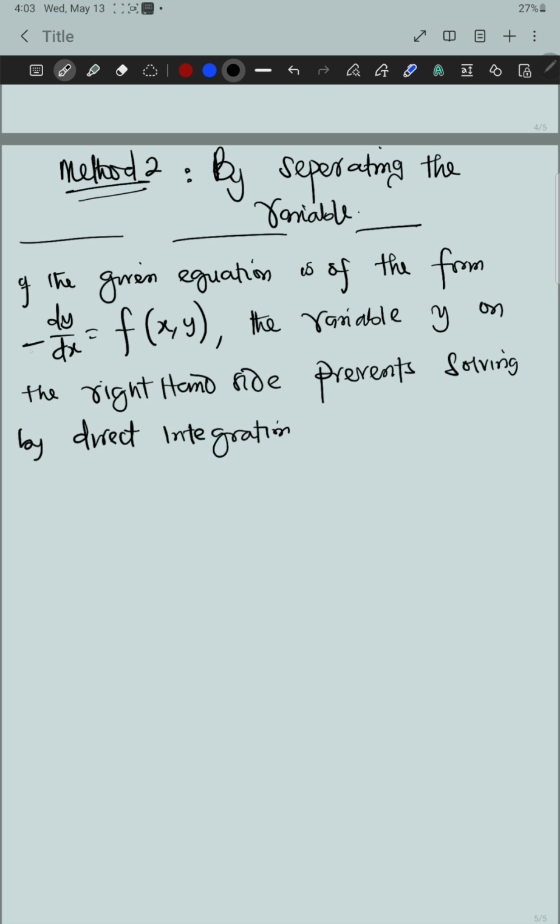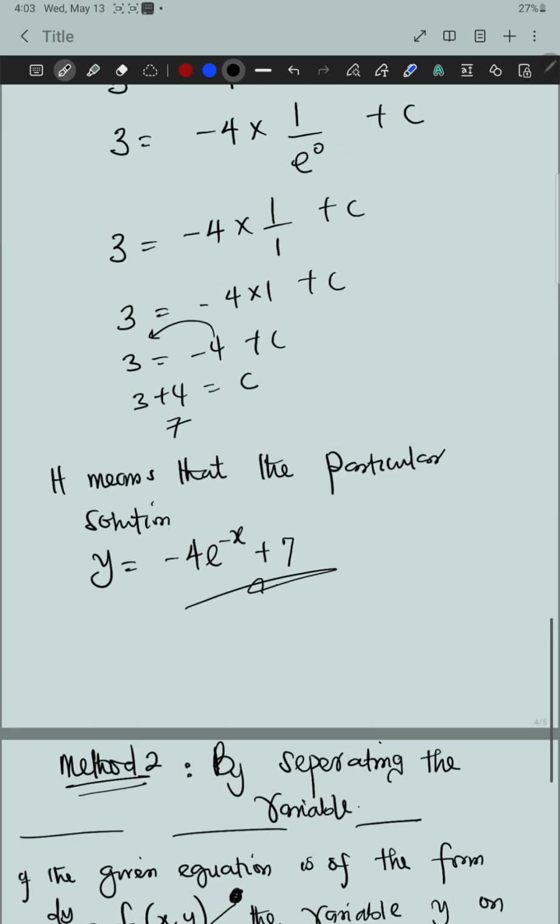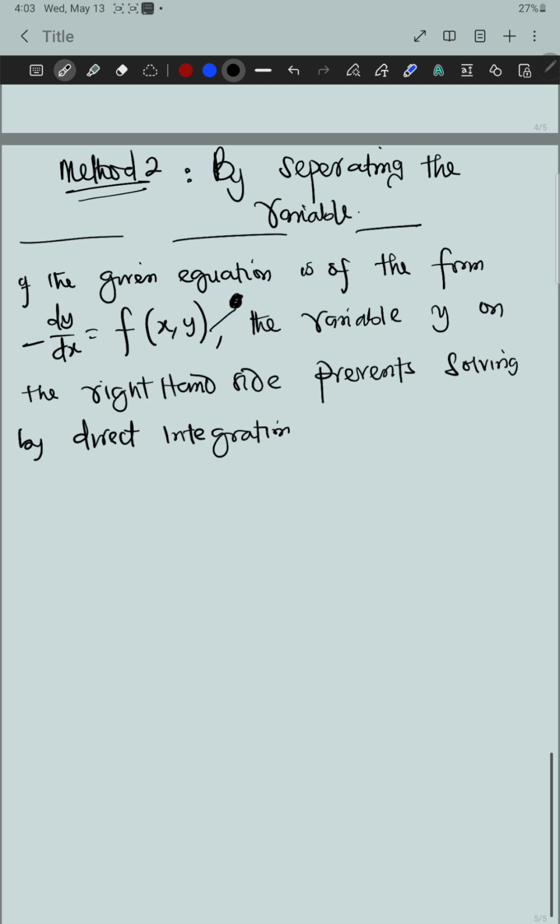Now this is the left hand side, this is the right hand side. If the variable y is on the right hand side, you can't use direct integration. So emphasis on the word prevent: it prevents solving by direct integration.